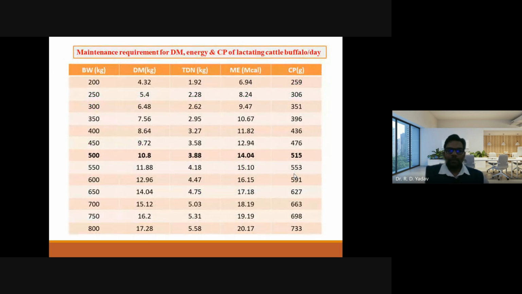So here is the table for different body weights, with their dry matter, energy, and protein requirement of lactating cattle and buffalo. Say body weight 200 kg, their dry matter requirement will be 4.32 kg per day, TDN requirement 1.92, ME requirement 6.94 megacalories, and crude protein requirement 259.